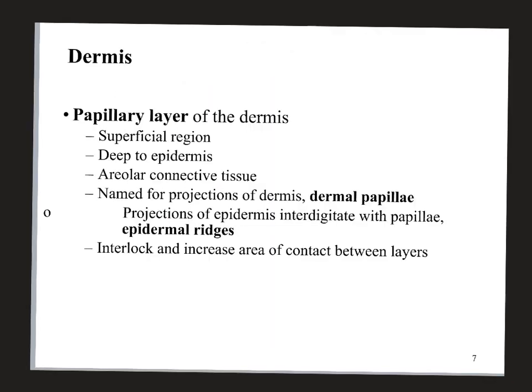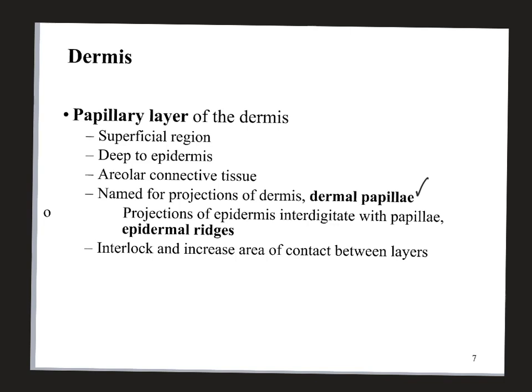All right, the papillary layer, the superficial region, is deep to the epidermis. It is made of areolar connective tissue, which is a loose connective tissue. And then deeper, the dermis is actually made up of dense irregular connective tissue. The projections of the dermis, the dermal papillae, give you your epidermal ridges.